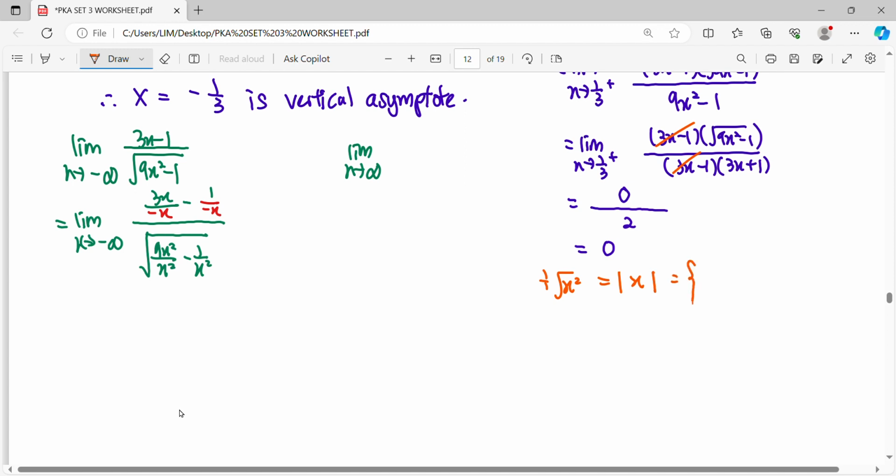When you simplify, it can be positive, it can be negative. So when x approaches negative infinity, it means x is less than 0.